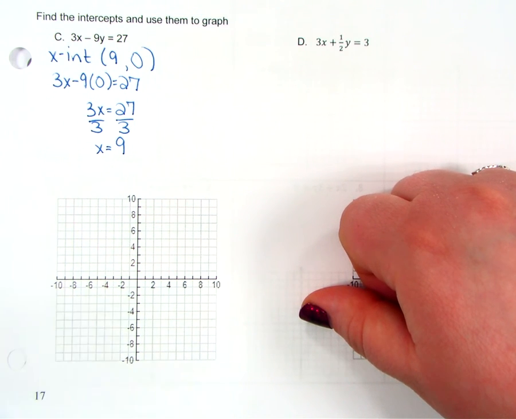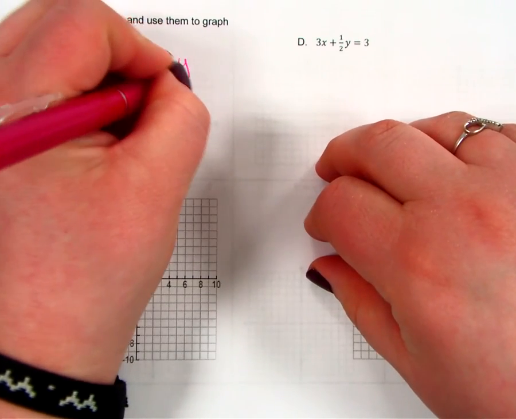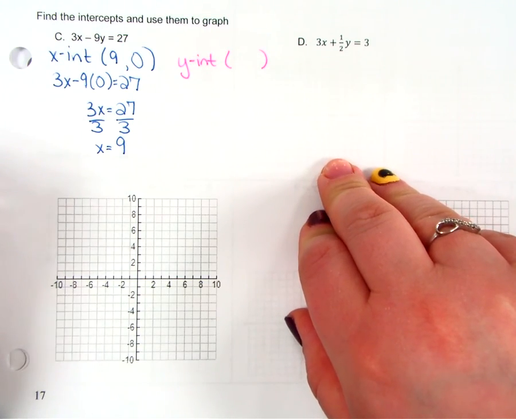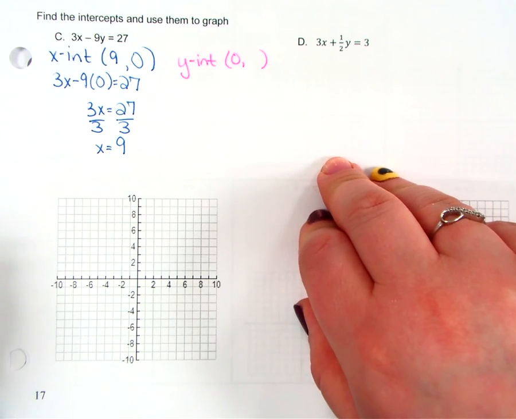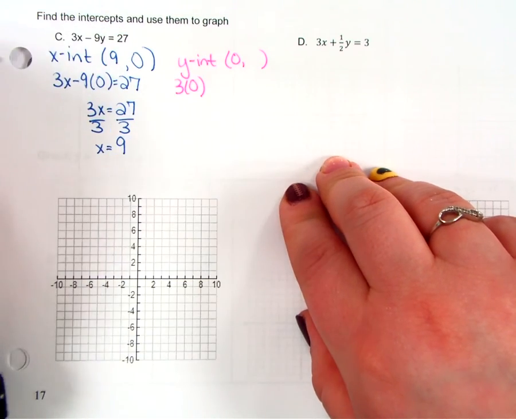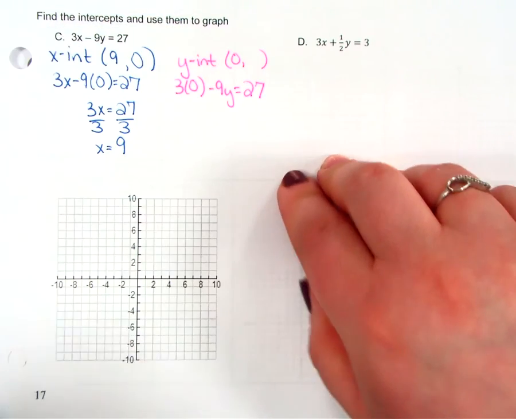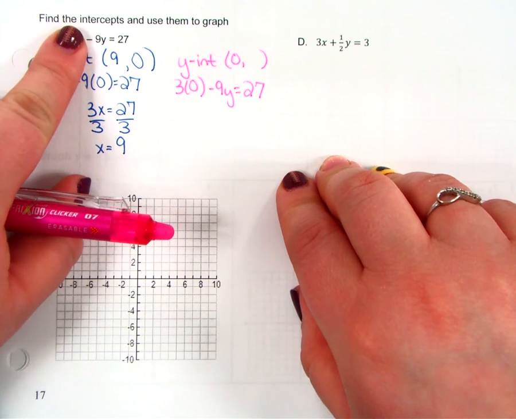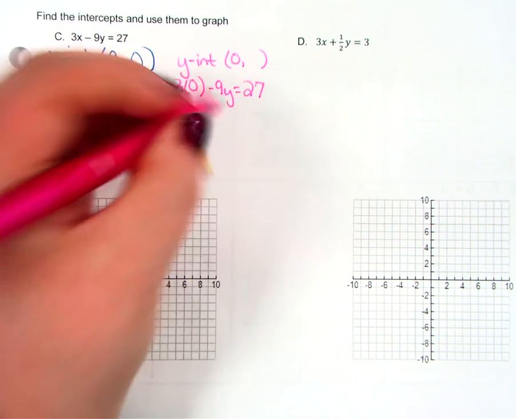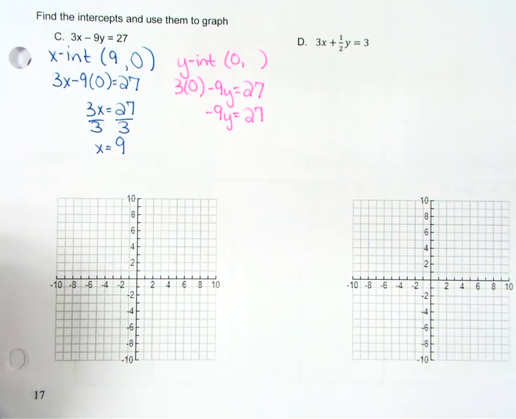Let's find that y-intercept. We know that because it's a y-intercept, it's always going to have 0 in for x, which also tells us how to find it. We're going to put 0 in for x. So 3 times 0 minus 9y equals 27. That means I'm going to be left with negative 9y. Please don't forget to bring that negative down with it. Equals 27.